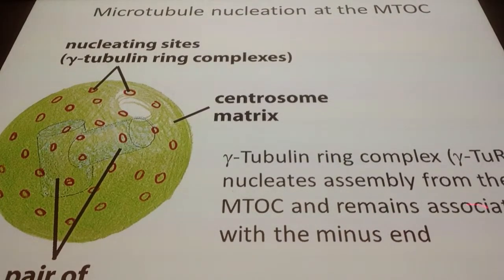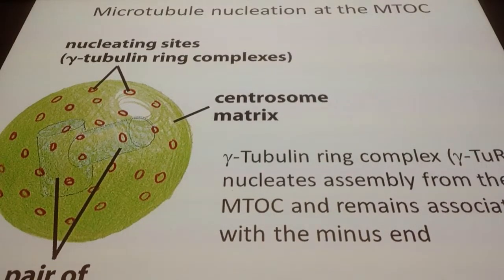And what happens is that the gamma tubulin ring complex actually anchors onto the microtubule organizing center. So these reddish rings here, that indicate the gamma tubulin ring complex, have to anchor onto the microtubule organizing center, and then the gamma tubulin can carry out nucleation of microtubules.